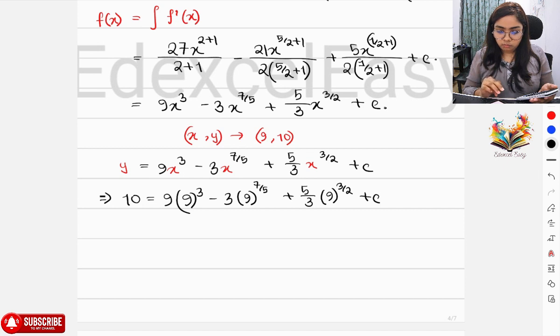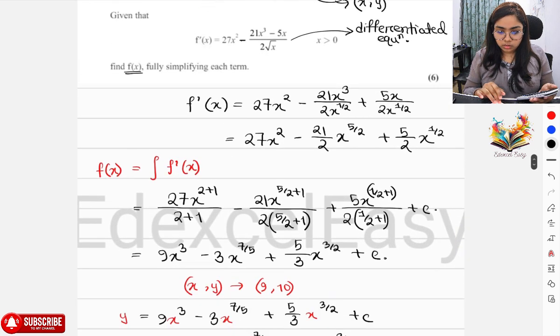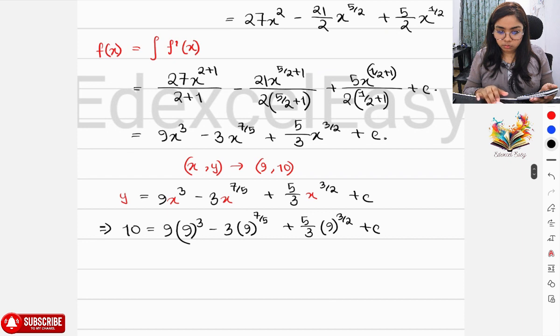Over here from this part, if you calculate, you're going to get the value for c in decimals. But I don't think that should be correct over here. 1 minute. 3 squared divided by 2 plus 1, that's 3, that's going to be 9. 9x to the power of 3, then 2.5 plus 1, that is actually 7 by 2.